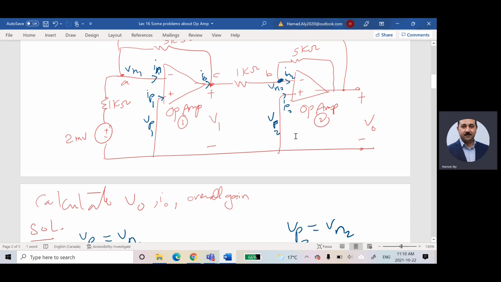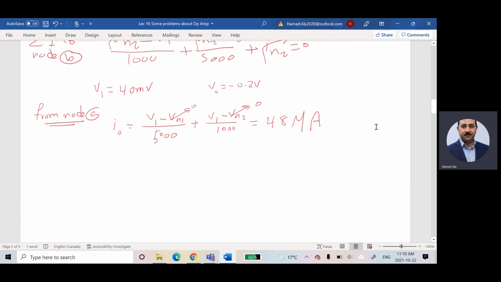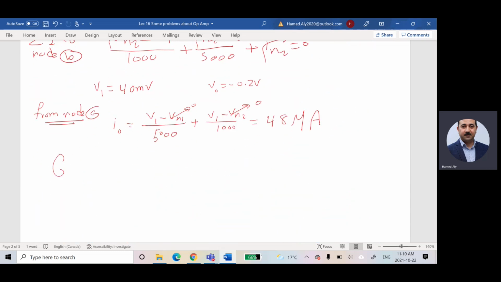I'm feeding by this and I'm getting this. So if you would like to find the overall gain, I can say this guy is equal to V out divided by 2 milli. If you calculated this, it is negative 100 without any unit, because it is voltage over voltage.